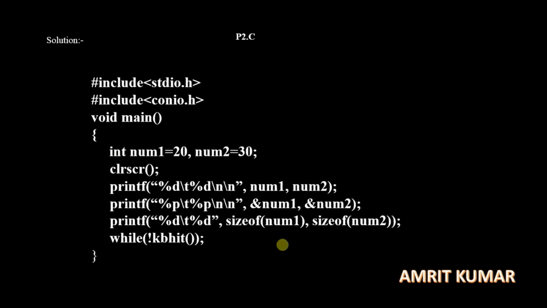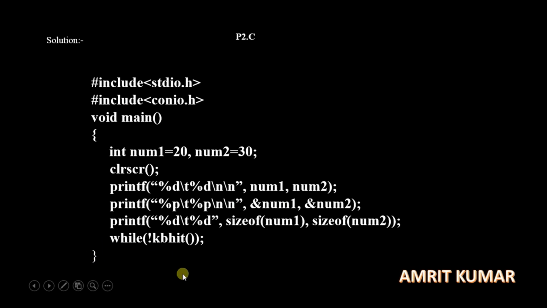So the size of num1 will be 2 bytes and the size of num2 will be 2 bytes. After that we have used while not kbhit. So when the user presses any key like enter, this gets terminated.